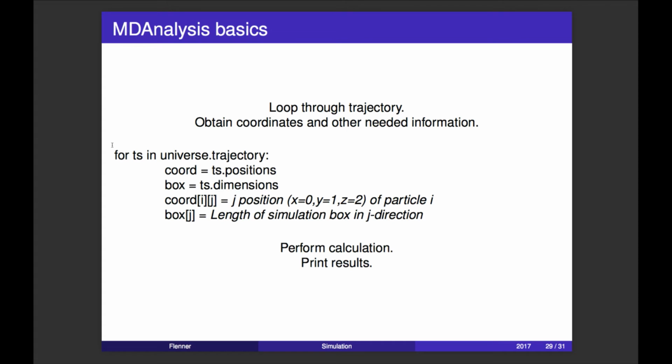For each time step ts in our trajectory, universe.trajectory, I say the coordinates equal the time step positions at that time step. The box gives the dimensions of the simulation box at that time step, and you'll need those dimensions to do calculations.